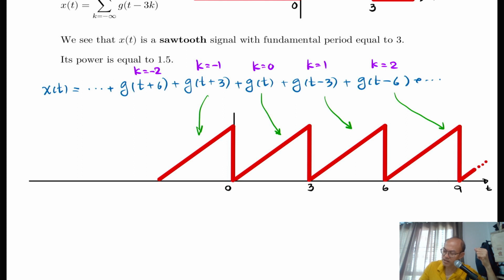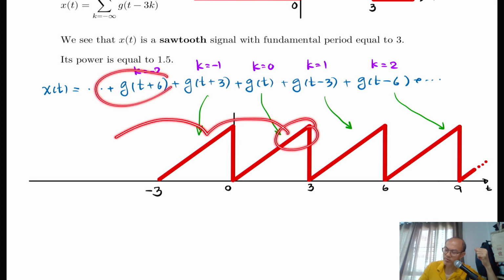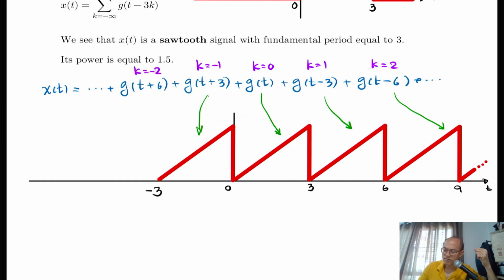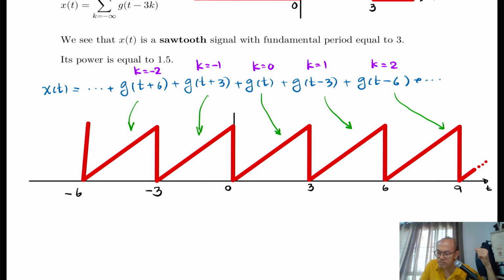Okay, so this is -3, and here we shift this guy 2 hops, right? So 6 time units to the left. All right, so here, and this is -6, and so on. Okay, we can't draw everything. It's just 5 waveforms.